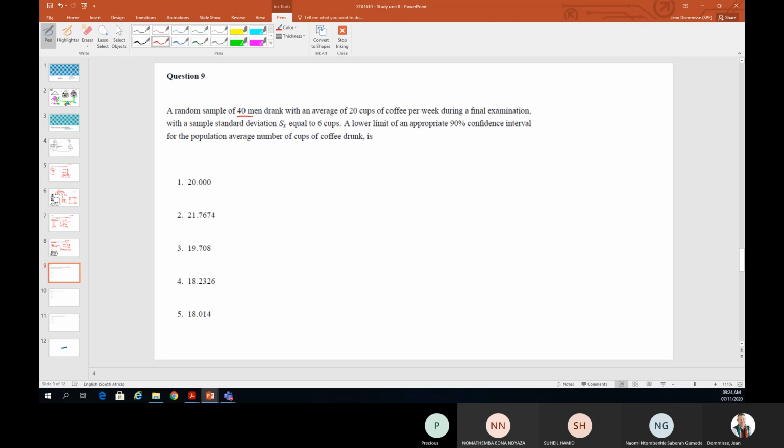Okay, a random sample of 40 men, on average 20 cups, with a sample standard deviation of, okay, so sample standard deviation, T. So now, a random sample of 40 men. To get the degrees of freedom, it is 40 minus 1, which will give you 59.